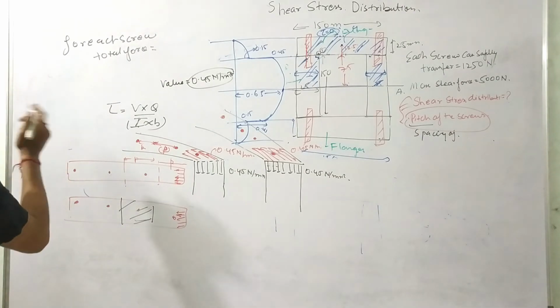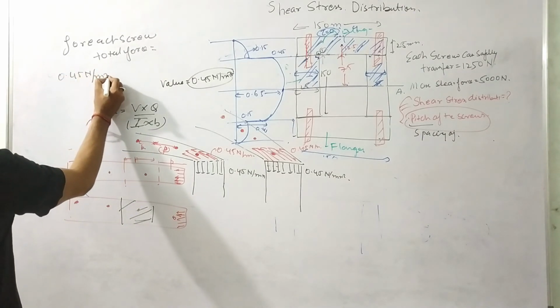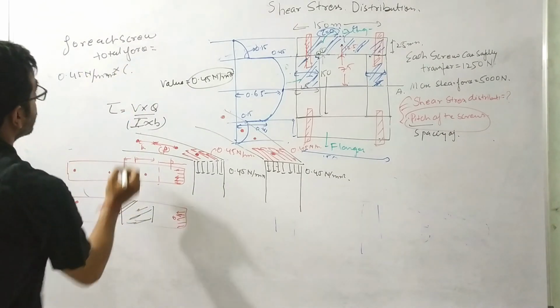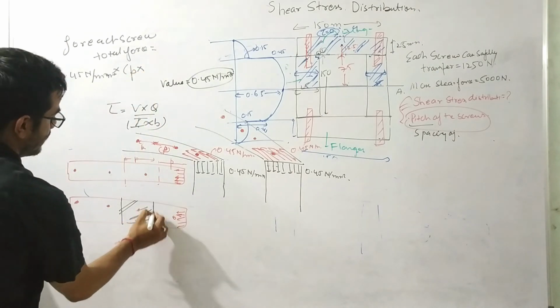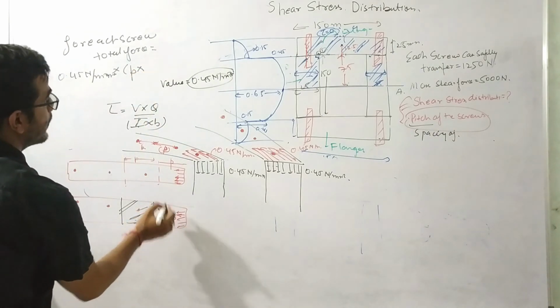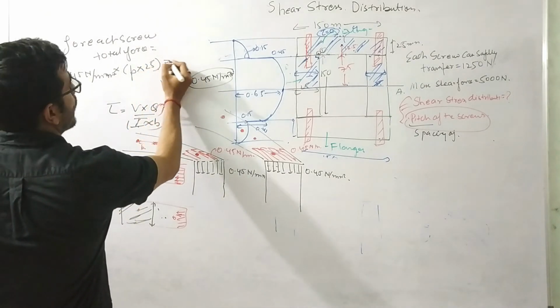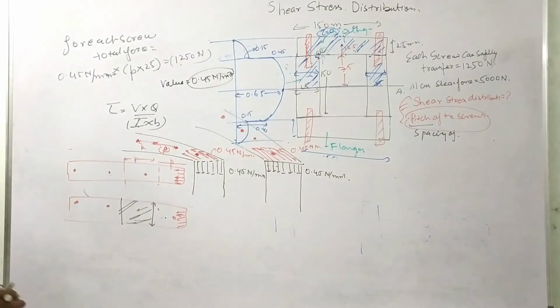So total force will be 0.45 Newton per mm square into this pitch p into the width. Width is nothing but 25, and this value equals 1250 Newton. This is the case, right?